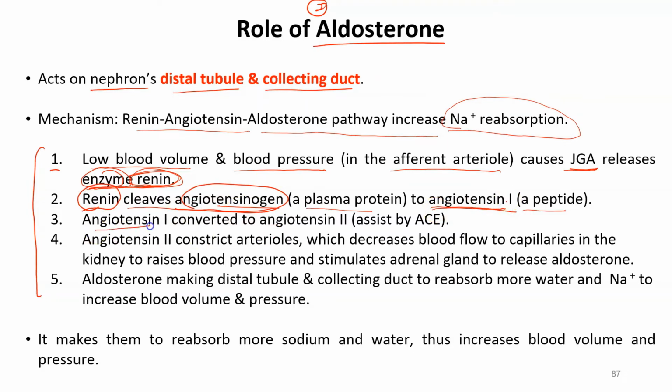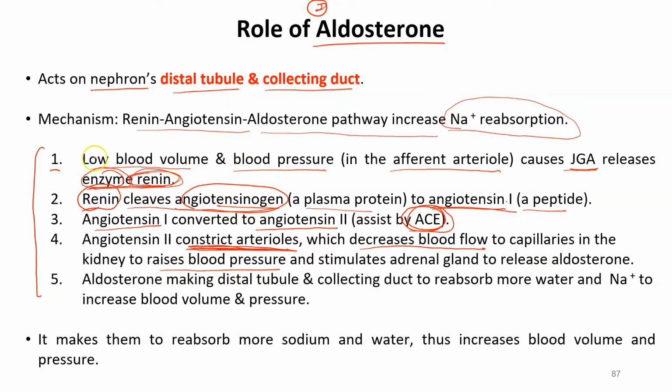Angiotensin 1 is converted to angiotensin 2, which is assisted by ACE. Angiotensin 2 causes constriction of arterioles, or vasoconstriction, which decreases blood flow to capillaries in the kidney, to raise blood pressure.